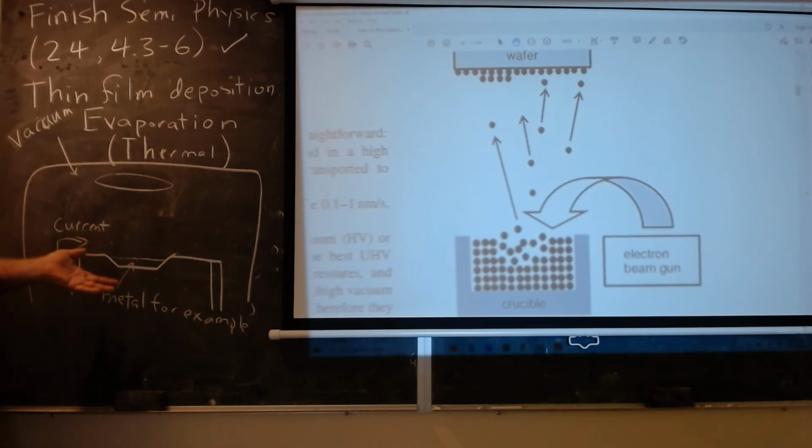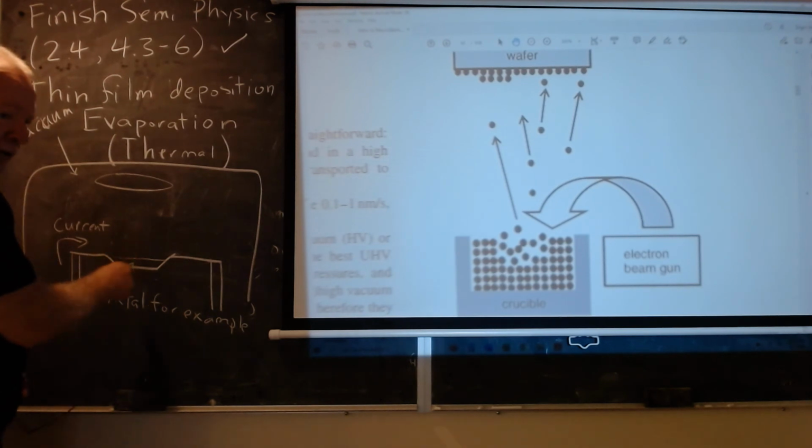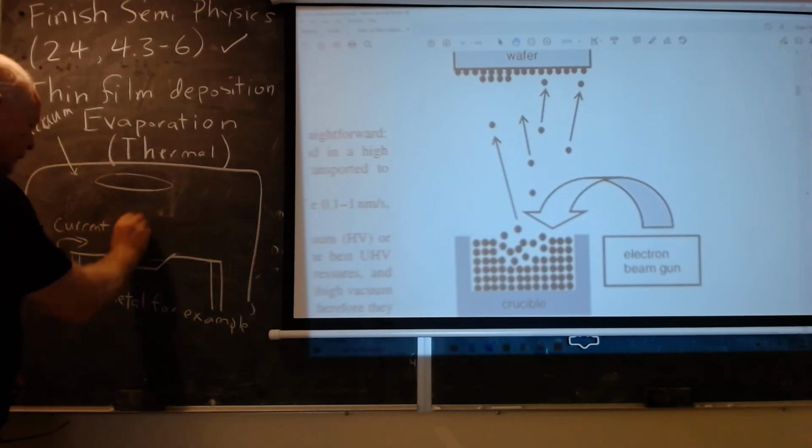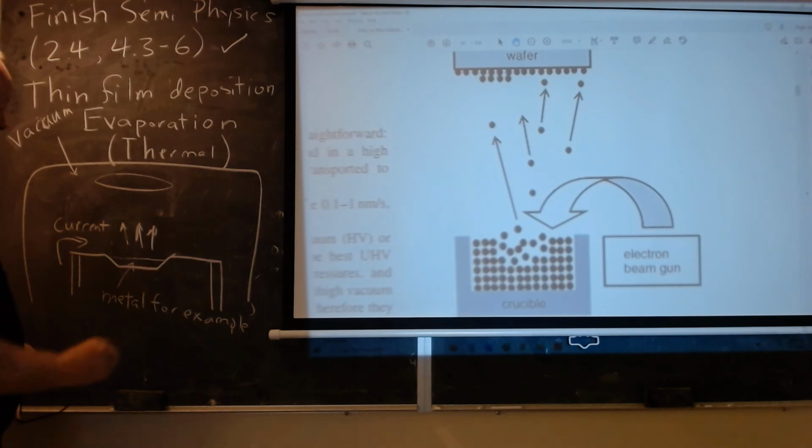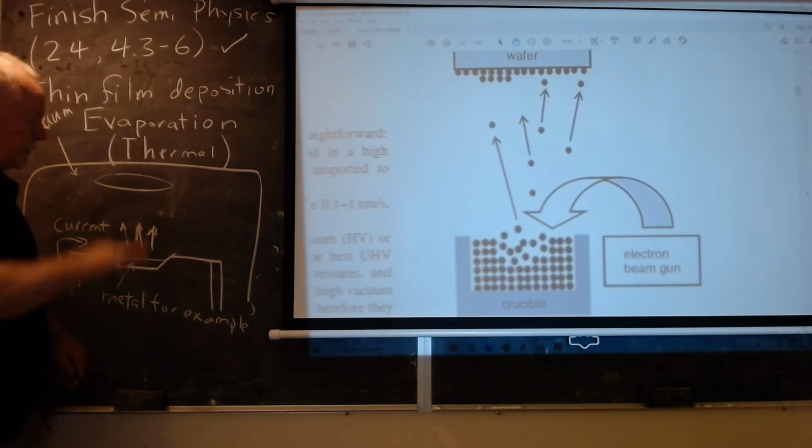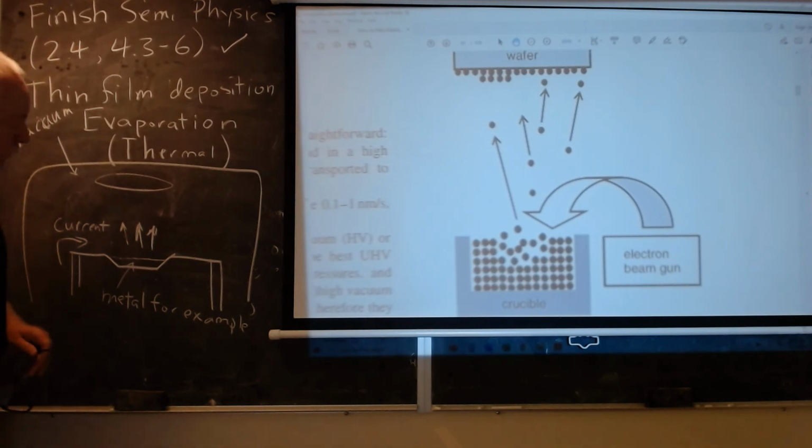It's very simple. You tend not to think of evaporating a metal, but it's just like anything else, like water. If you boil water, it starts evaporating, and if you essentially boil metal, now of course you have to go to a much higher temperature, but the idea is that it starts sending atoms up toward the wafer, which you've suspended somehow, and so you start depositing your thin film.